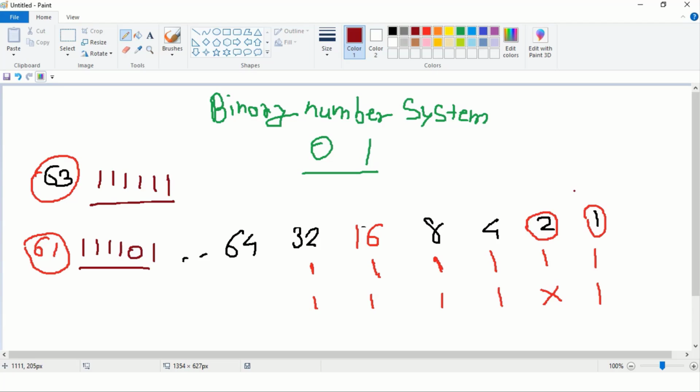Check here: 2 raised to 0, 2 raised to 1, 2 raised to 2, 2 raised to 3, 2 raised to 4 and 2 raised to 5, then 2 raised to 6 and so on. In this way we can convert any number in binary format.